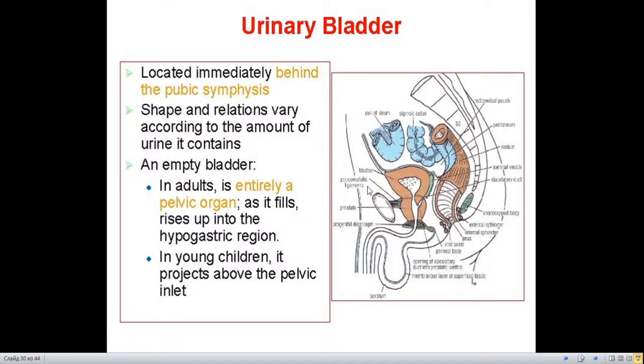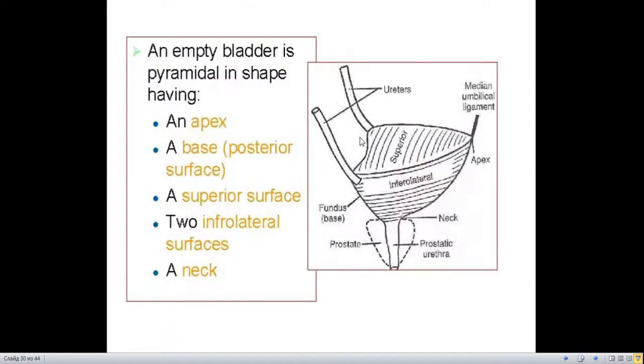When the bladder is full, three sides are covered by the peritoneum, and at this stage it has a mesoperitoneal position. Reflect please this information in your notes.